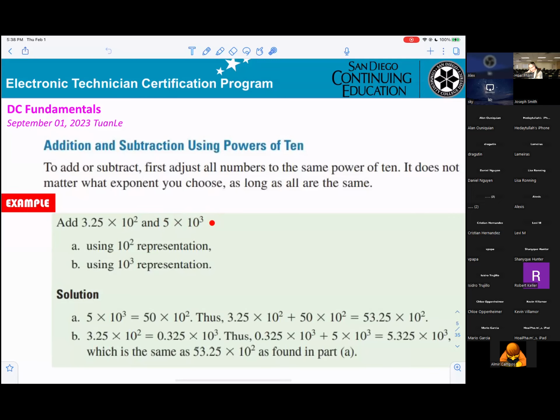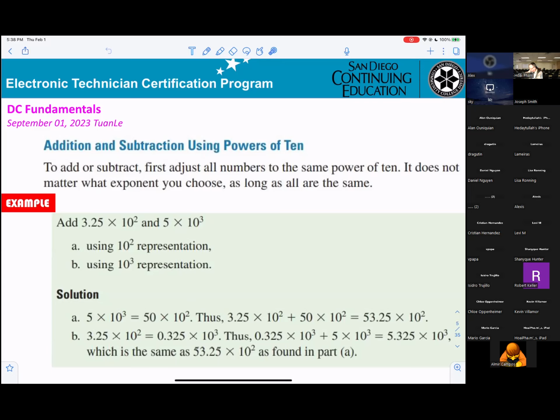How can we change that to 10 power of 2? 10 power of 3 is now going down to 10 power of 2. That means you increase this number 10 times. So 5 times 10 power of 3 will be 50 times 10 power of 2. Then now you can add them up.